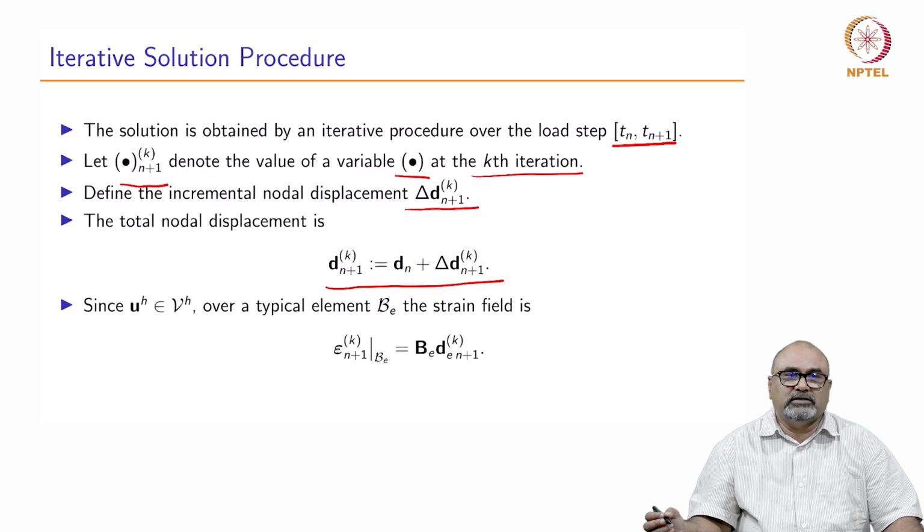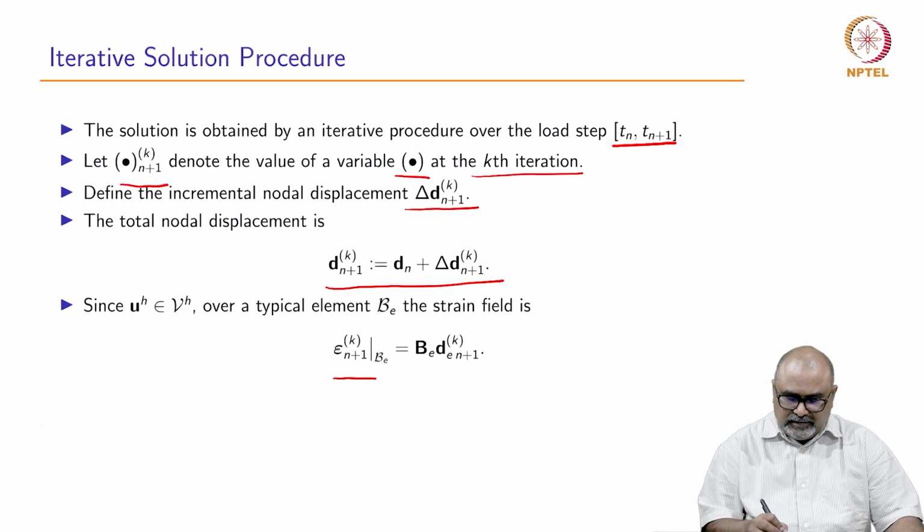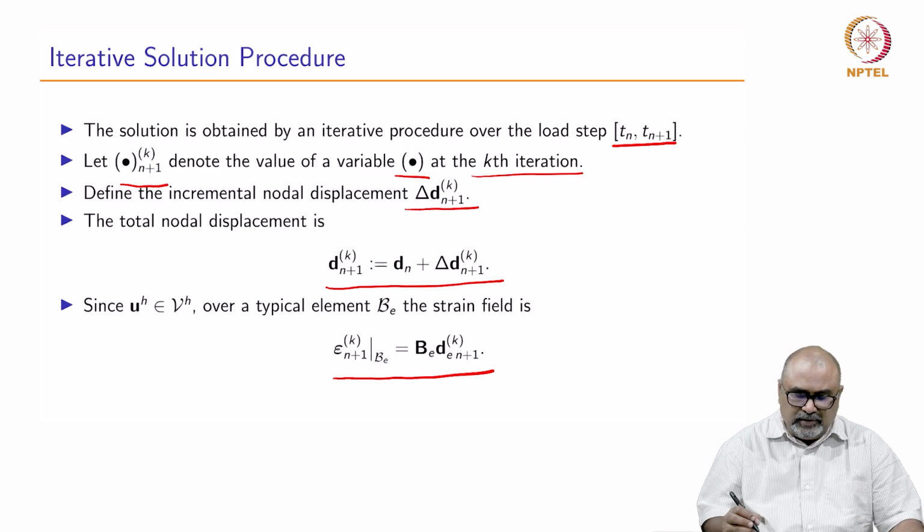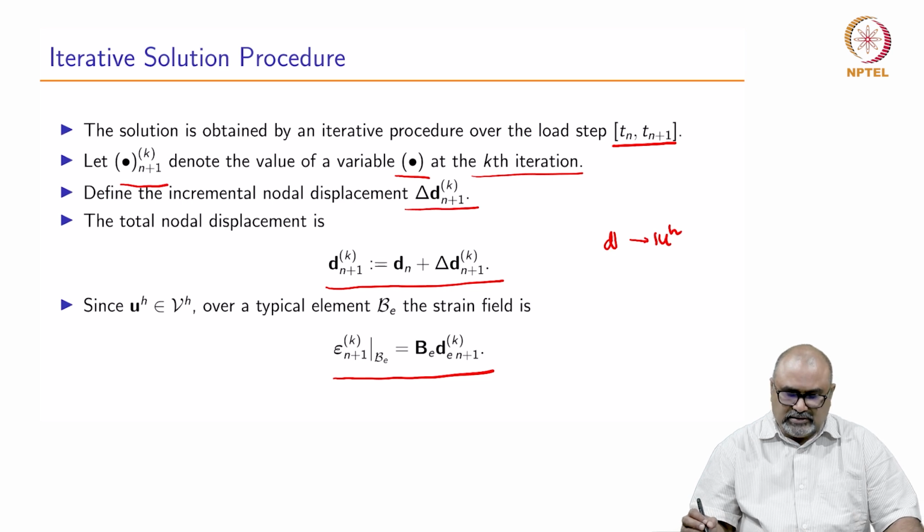So, since UH belongs to the space VH, over a typical element Omega E, the strain field is defined as epsilon n plus 1 k E is equal to BE times dE of n plus 1 k. So, here the displacement field is denoted as a vector D, or is denoted as UH, interchangeably representing the displacement that we have as a solution. So, epsilon is B times D, where B is called the strain displacement matrix.